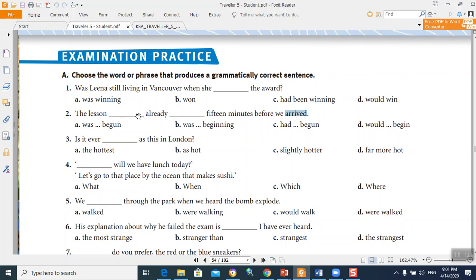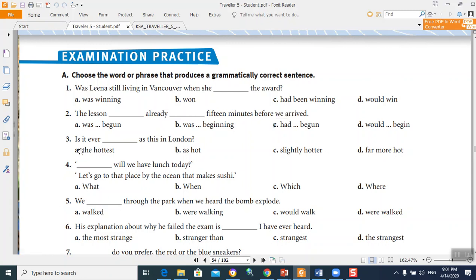So we have 2 actions, and one action happened before the other. Usually in this situation we use the past perfect. So yeah, had begun. It is had begun. So the answer is C.